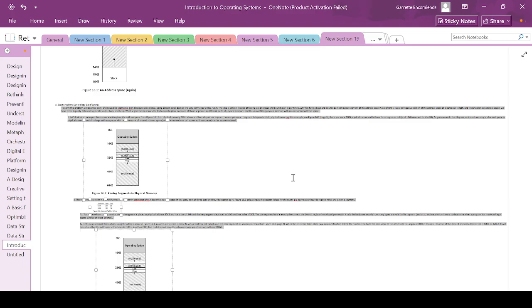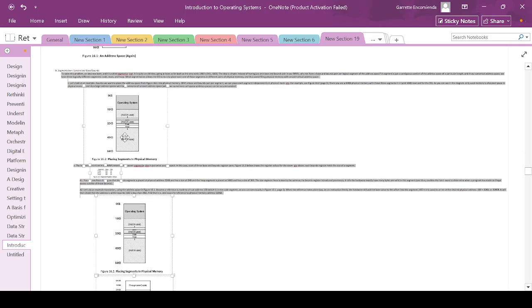So to avoid filling memory with unused virtual address space, we're going to use a separate base and bounds for each logical segment, which is a contiguous portion of the address space of a particular length, such as the heap, the code, and the stack in our process.